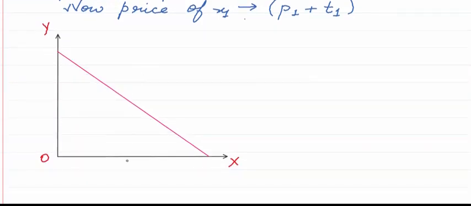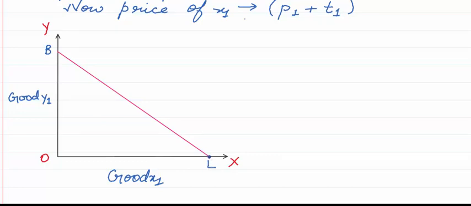In this graph, let's take goods X1 on the x-axis and goods Y1 on the y-axis. We have the price of good Y1 as P2, and we have taken the price of goods X1 originally as P1, which has changed to P1 plus T1. Let's say that BL is the original budget line of the consumer.